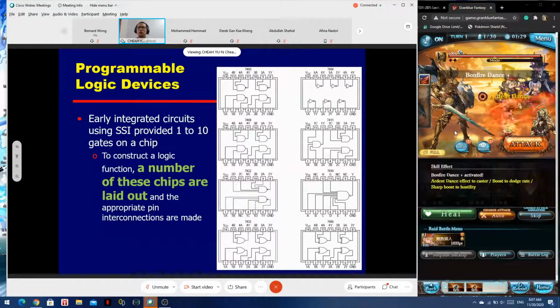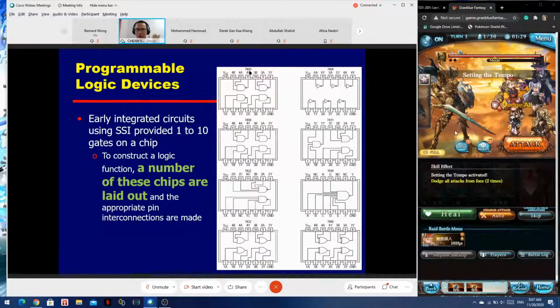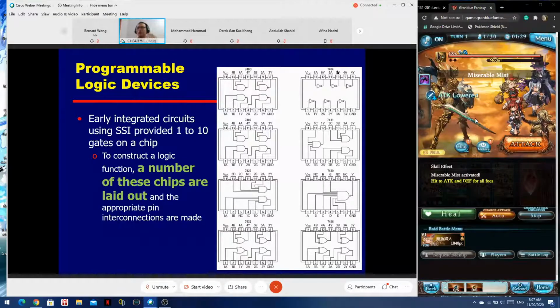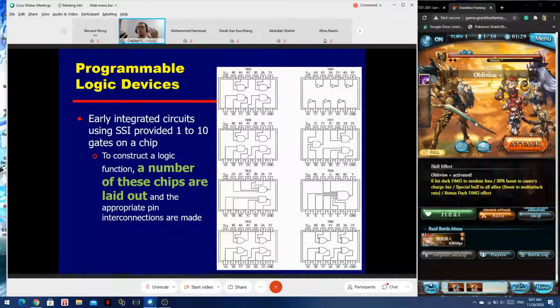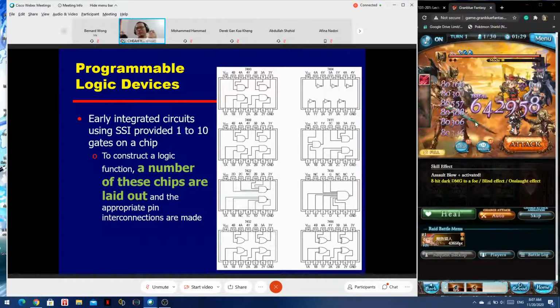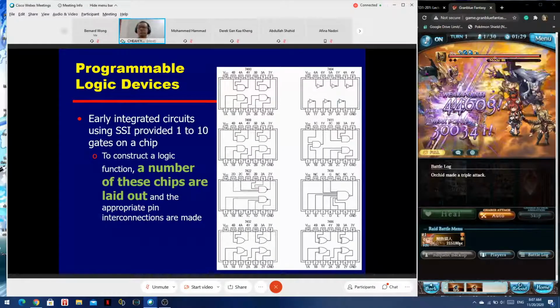If you go on Google and search 7400, the little number at the top there, or 7404, and also include, let's say, circuit, it will return this so-called component which has n number of gates, and the specifications have already been fixed.